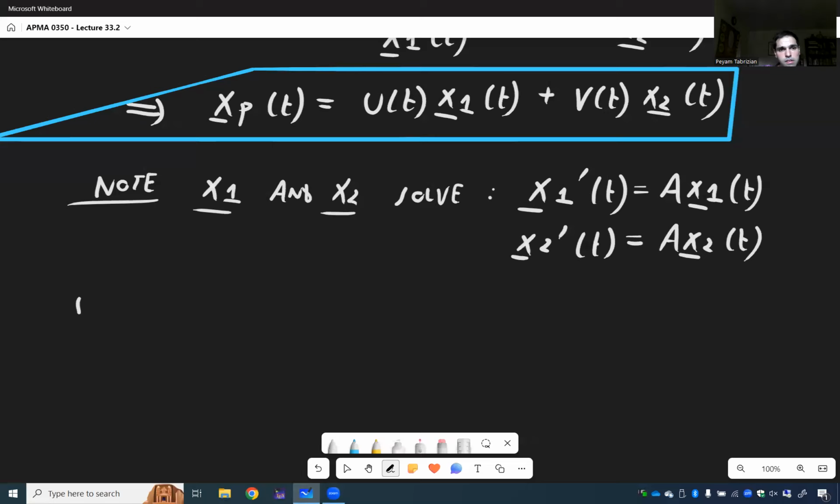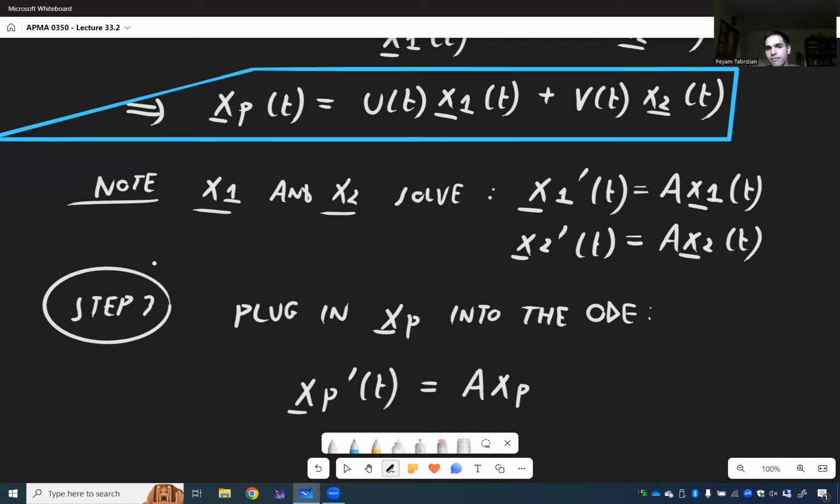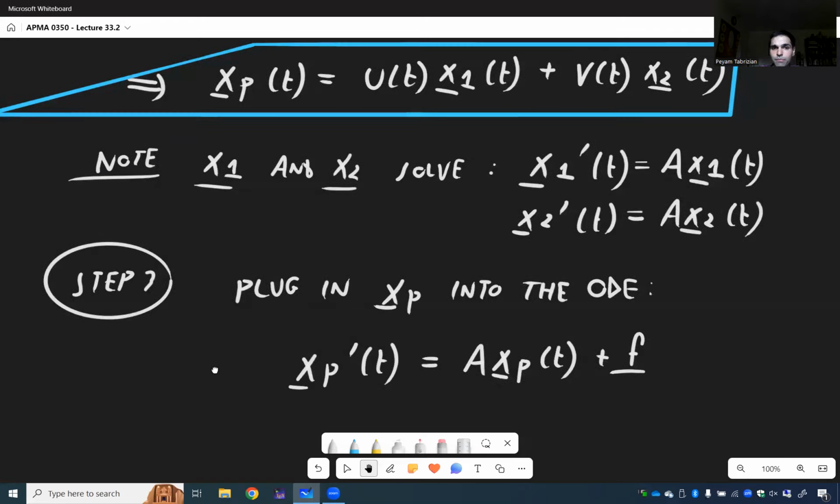So step 3, plug xp into the ODE. In this case, we just need to plug xp into Axp plus f, right? Because that's our differential equation, x prime equals Ax plus f.